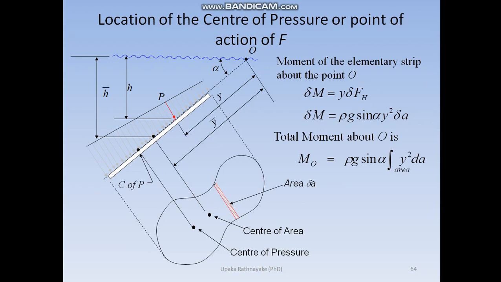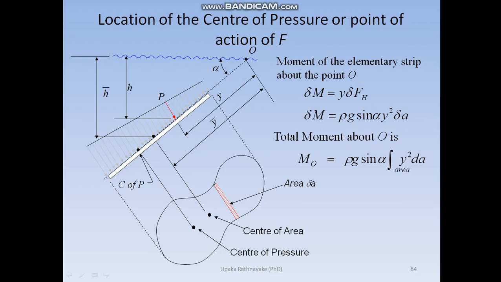Now let us look at the location of the center of pressure. We'll do the same thing we have done for the simplest case. Take the moments about the point O on the free surface, along the incline. So similar to the previous case, we'll consider the small area and we'll look at the moment from this small area to the free surface.